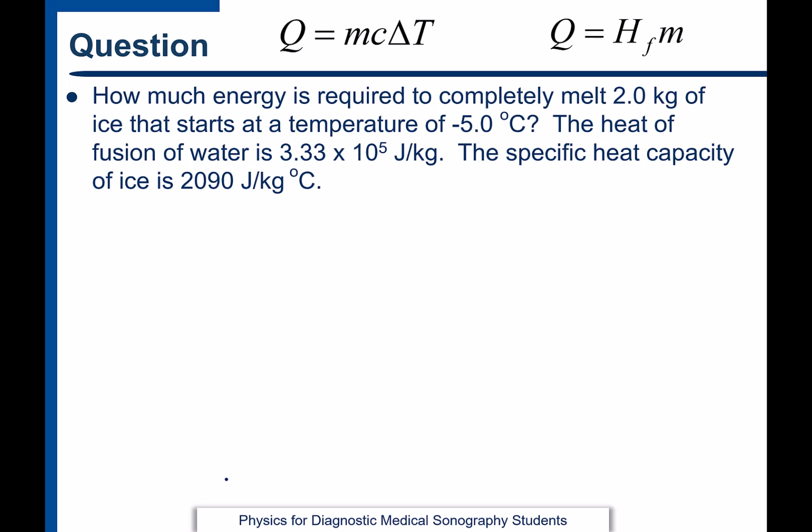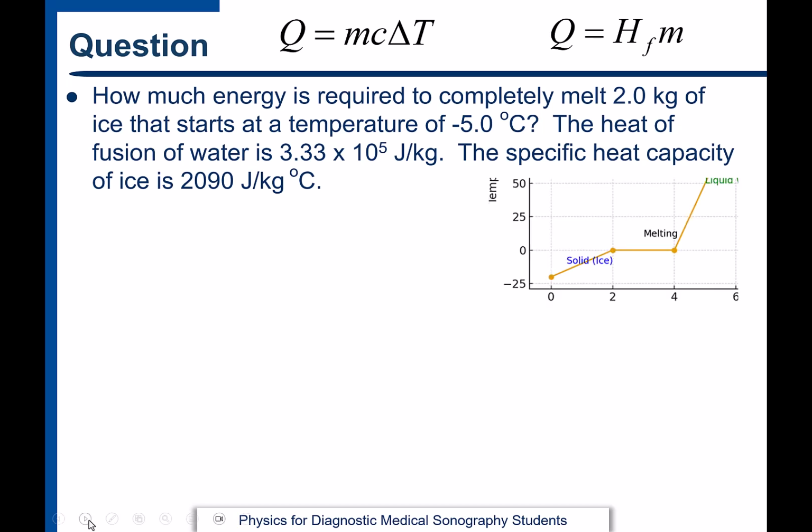Well, the first thing we want to do is just conceptualize the problem. To do that, let me bring up a piece of that graph that we've been showing. Notice that we're starting at a temperature of -5 degrees. So we're starting right here. The first thing we have to do is add a certain amount of heat just to get the temperature from -5 to 0.